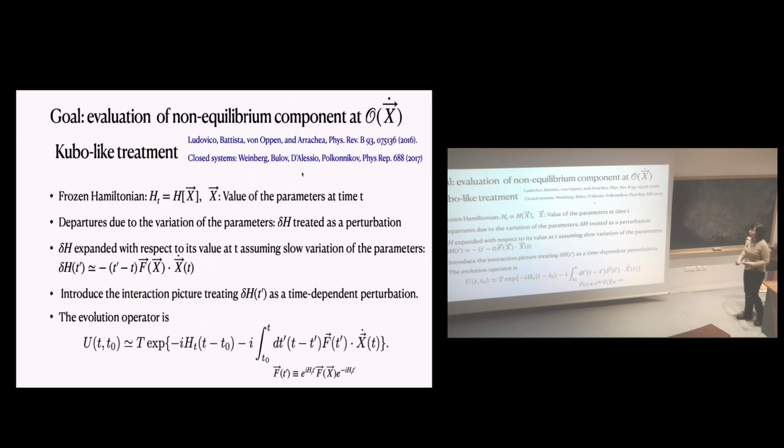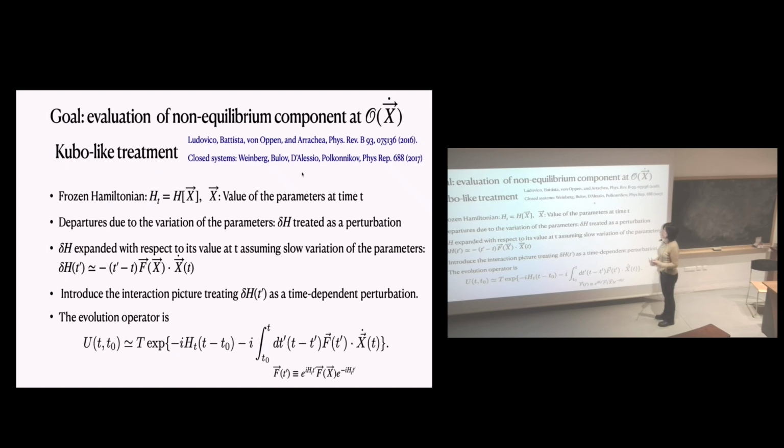So in the Kubo formalism, the Hamiltonian which is going to play the role of H0 is the Hamiltonian corresponding to the frozen parameters, so the Hamiltonian frozen at the time t. And we will consider departures of that Hamiltonian.